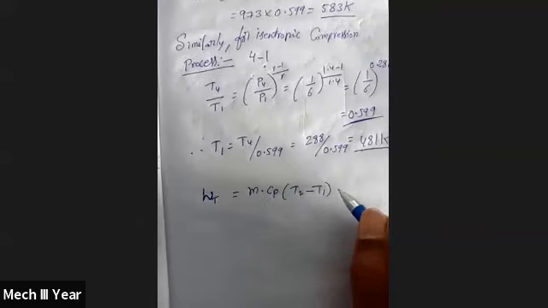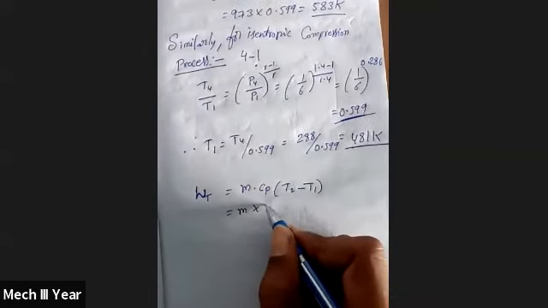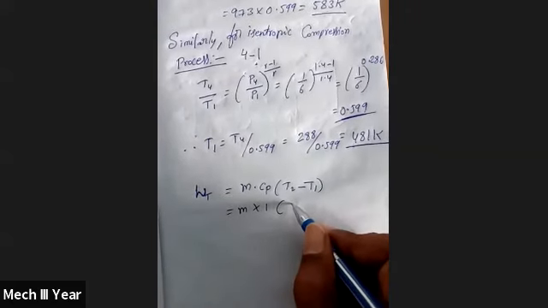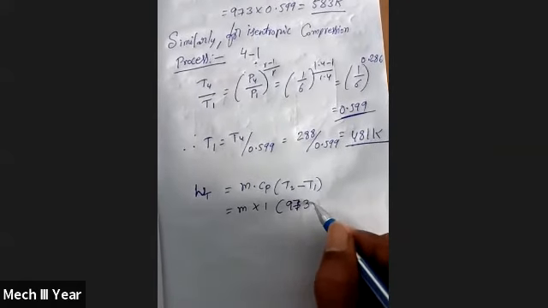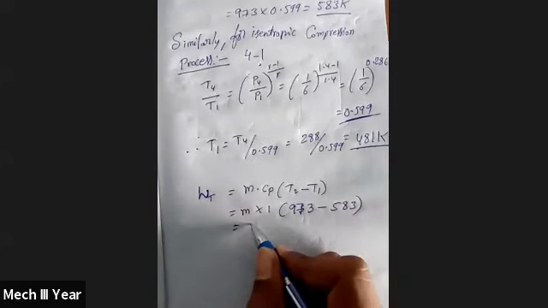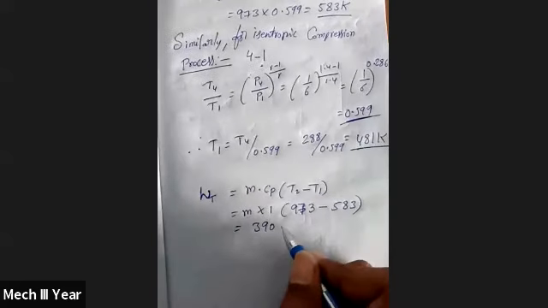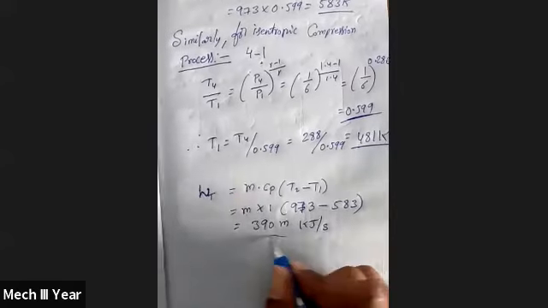This is the equation. Now substitute the values. M we don't know, Cp we can take as 1. Temperature 2 is found, temperature 1 is also found. Here we'll get the answer 390 into mass M, that is in kilojoules per second.